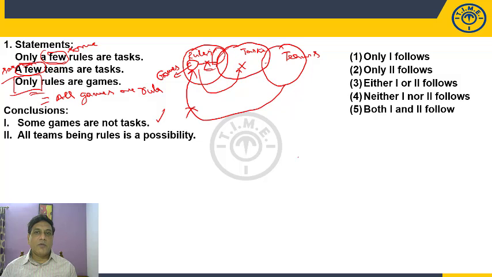There should be common area between task and team that we have anyway maintained, and common area between rules and tasks also. So we can take the entire circle of teams inside the rules without violating any of the given statements. So 2 is also a valid conclusion. Both 1 and 2 follow. So choice 5 is the answer.